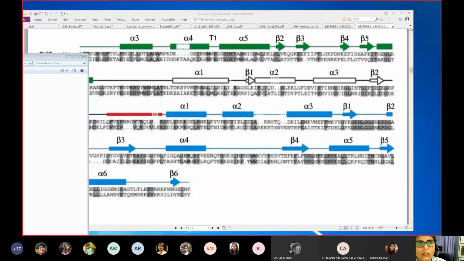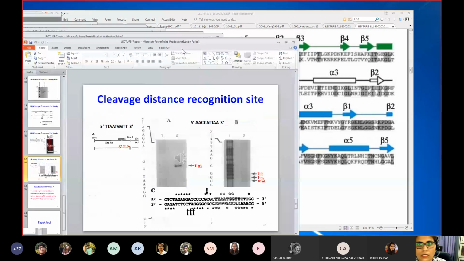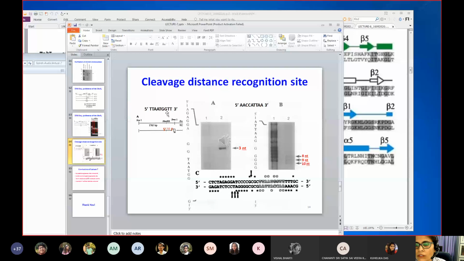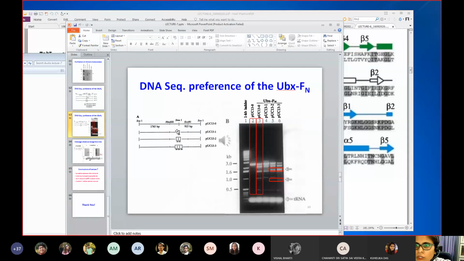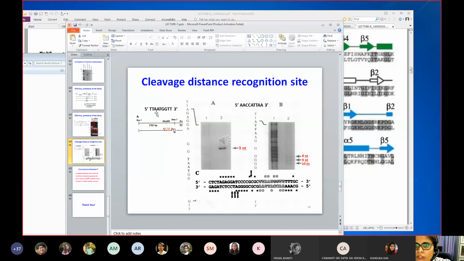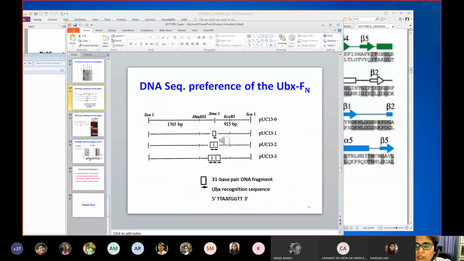Basically, they have also used different kinds of sequences. For example, when they used this box, they generated it by incorporating 7 nucleotides inside that. Yes, 9 basically. So they have used this sequence here.